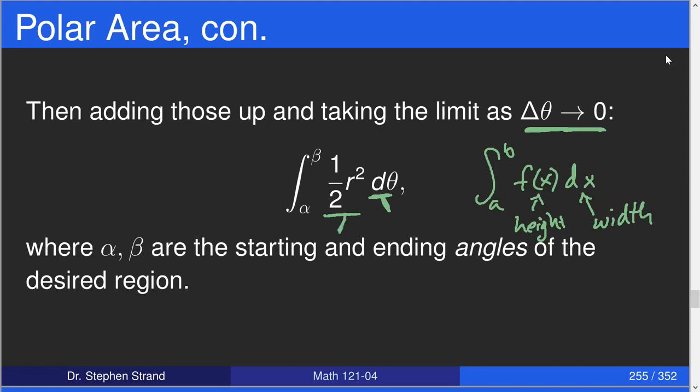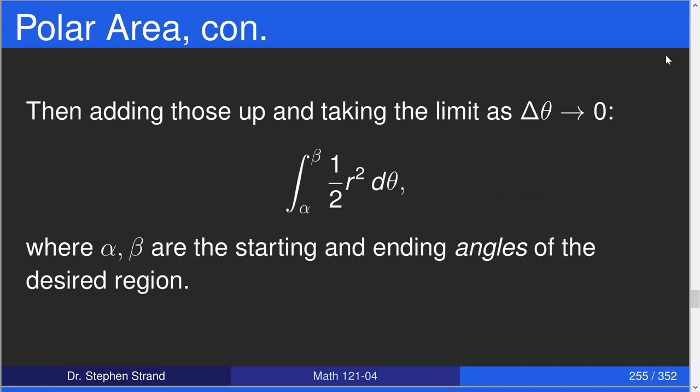It's going to be given by our function in any case. So one of the tricky things, really the only tricky thing about setting up polar integrals, is that you have to find these angles, right? So alpha and beta are now going to represent angles in polar coordinates, and that's not always as easy to figure out as the bounds on x are going to be. Okay, so this is the formula we're going to use.